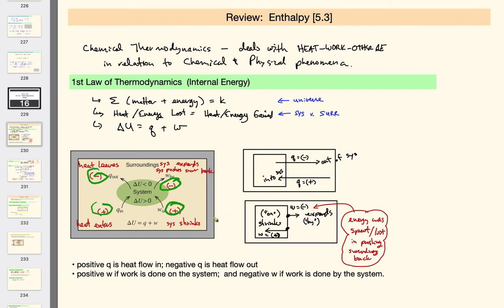If you're cold and you're trying to get warm, it makes a big difference whether your body is losing heat or gaining heat. If you're trying to do a reaction and you need heat to kick it off, it's very important that you know which direction Q is going.